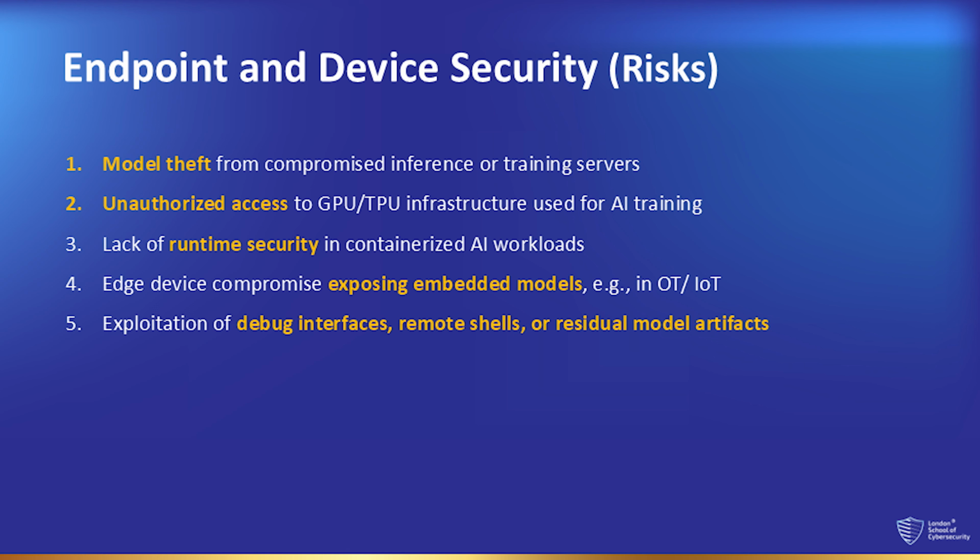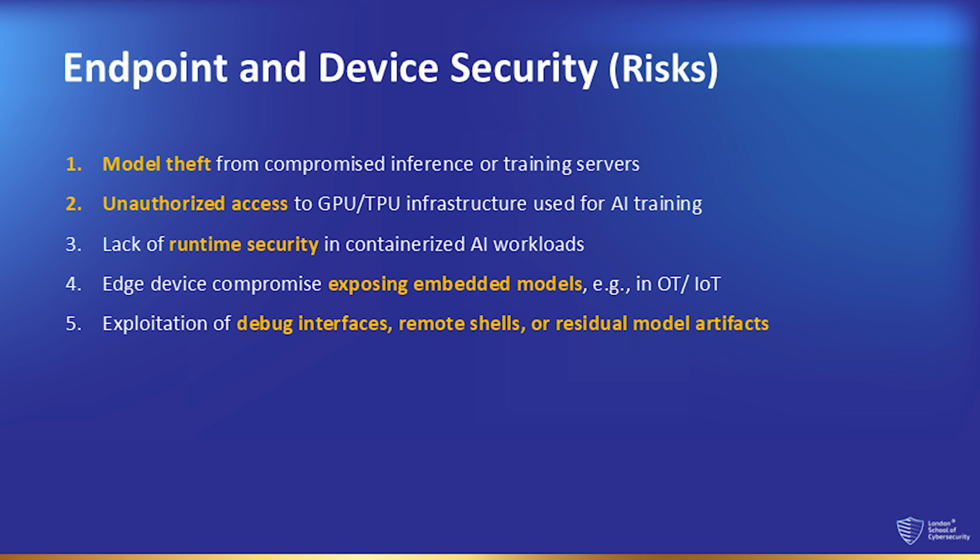But in the case of models, if it's intellectual property, it's still a big risk. If not, it can give a competitive advantage to your competitors if that model is stolen, or there are all sorts of crazy people in the world who could steal your model and try to do something crazy. Now we have unauthorized access to the GPU or the TPU infrastructure.